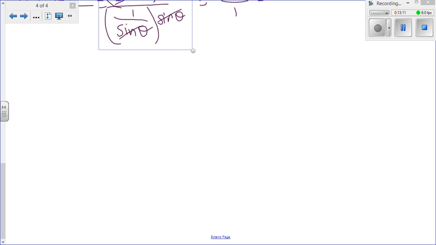Okay, for number 2, we have tan theta over cosine theta.